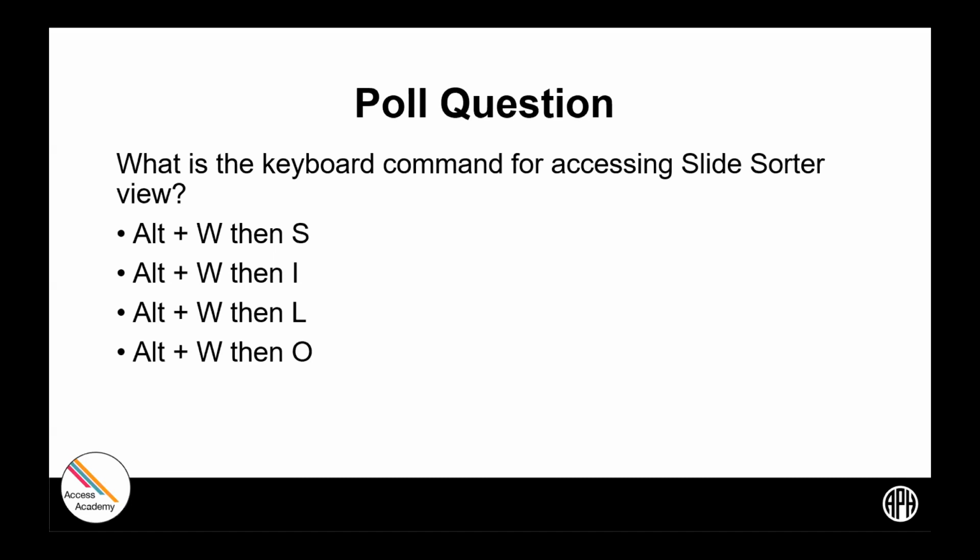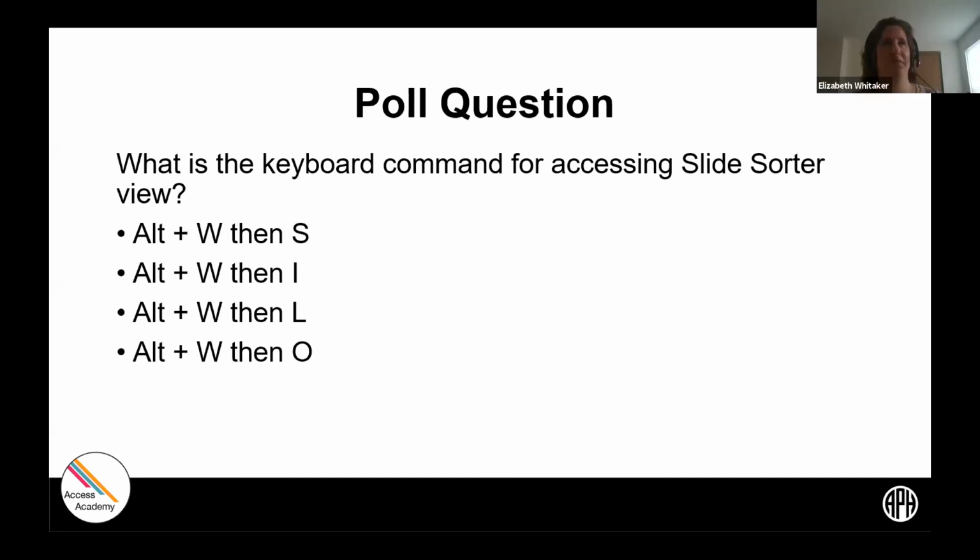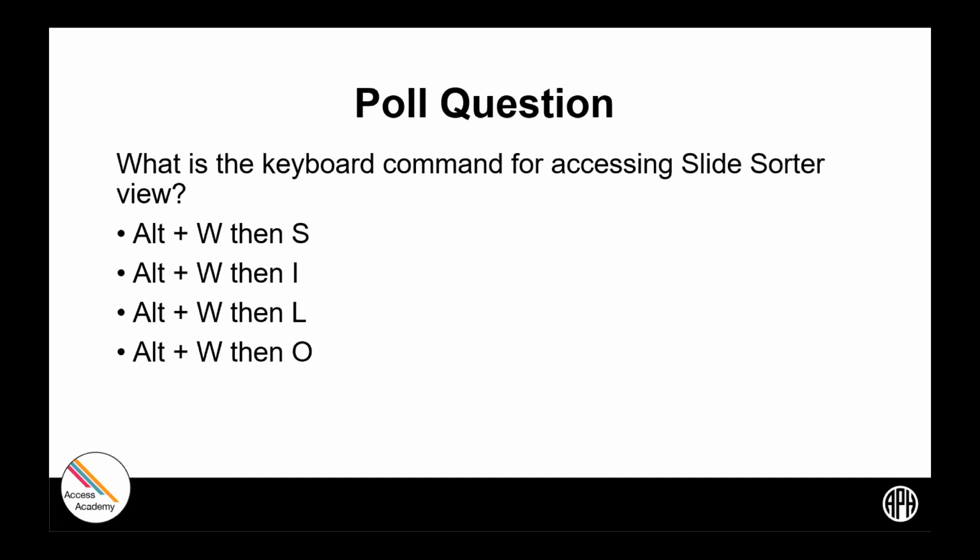So while we're waiting on Debbie, I'm going to review our poll question. Again, we tried to trick you with this one. What is the keyboard command for accessing slide sorter view? Alt plus W, then S; Alt plus W, then I; Alt plus W, then L; or Alt plus W, then O. Majority said either Alt plus W, then I, or Alt plus W, then S. What was the correct response, Elizabeth?